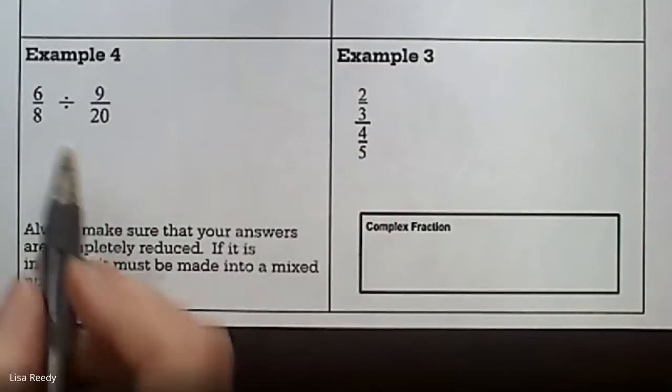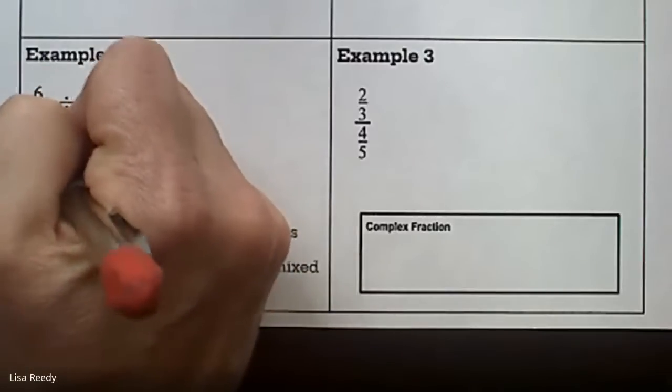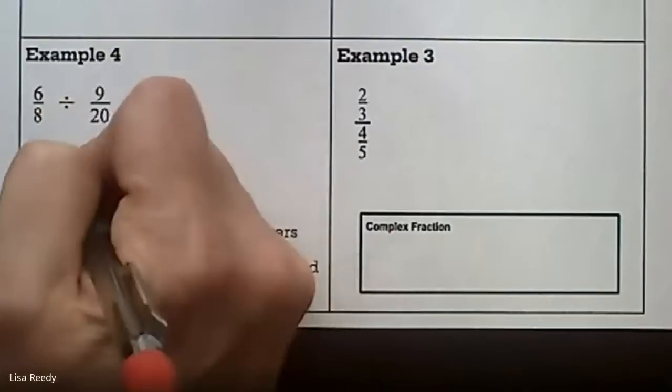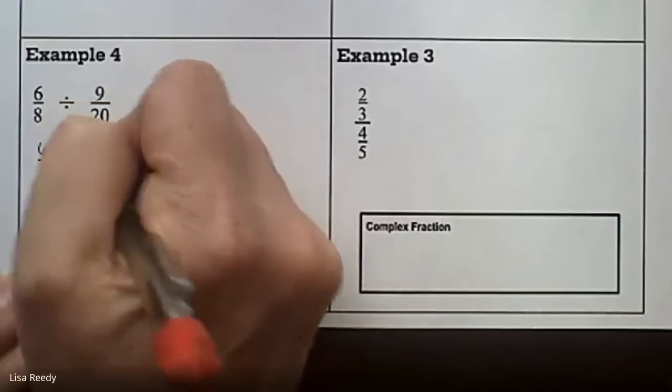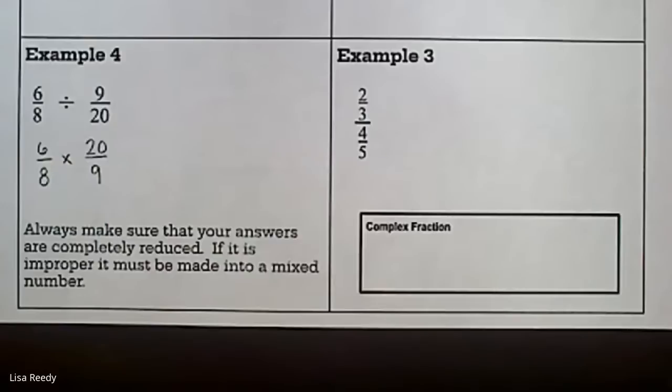Okay, so I have 6/8 divided by 9/20. I can change that. The first fraction never changes, so it stays 6/8. Division becomes multiplication, and 9/20 is 20/9. We're going to check our diagonals.